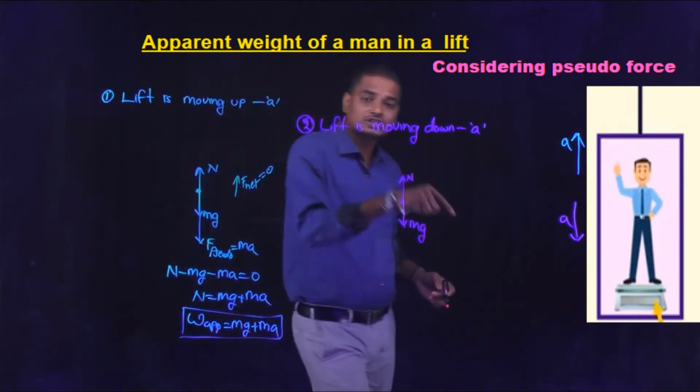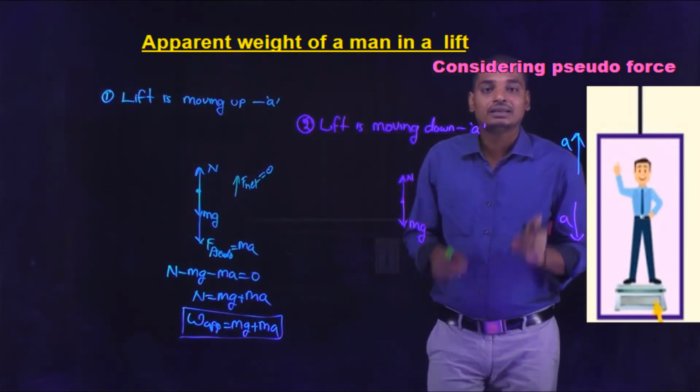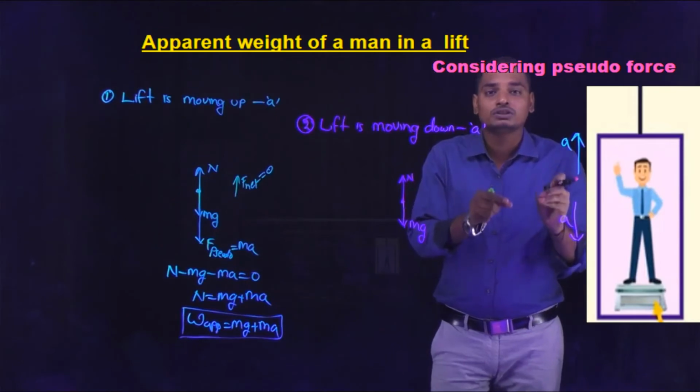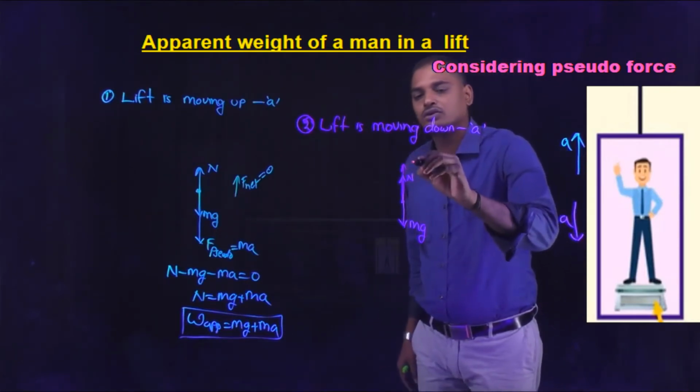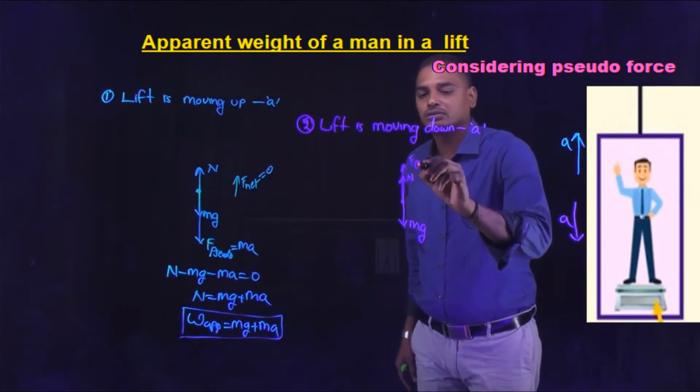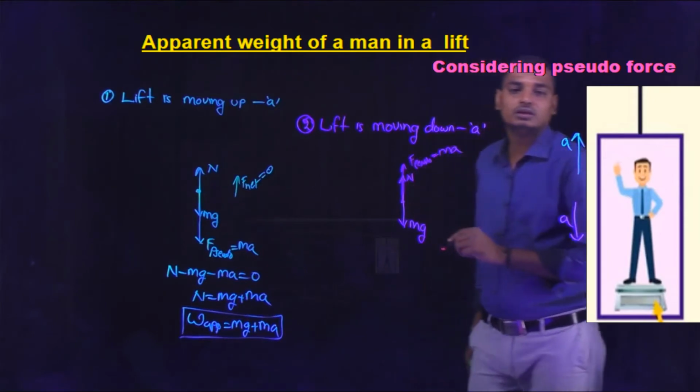As the lift is moving downwards, there is a pseudo force acting upwards, which is opposite to the direction of the acceleration. The pseudo force is equal to ma.